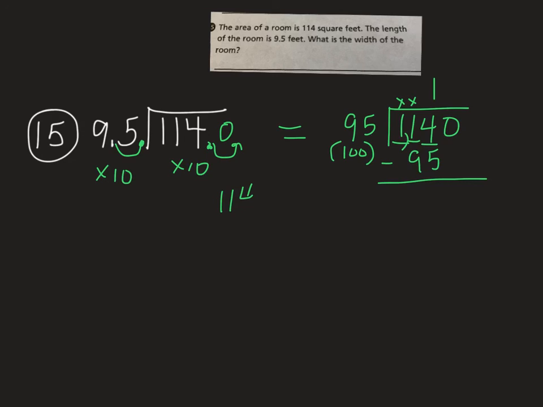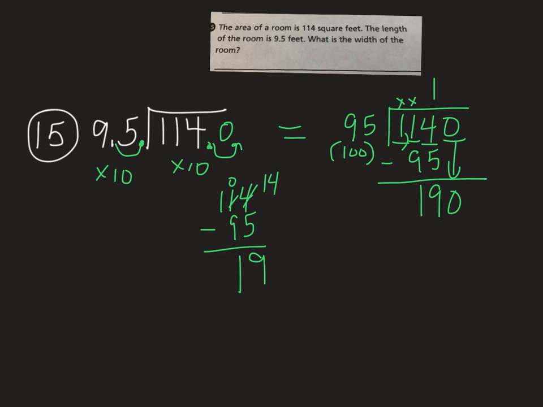Now, I don't like to make my main problem too messy, especially if I'm going to have to ungroup and regroup because it's just hard to read over there. 14 take away 5 is 9. 10 take away 9 is 1. So I got 19 left here, and I can't make any groups until I bring down the next digit.